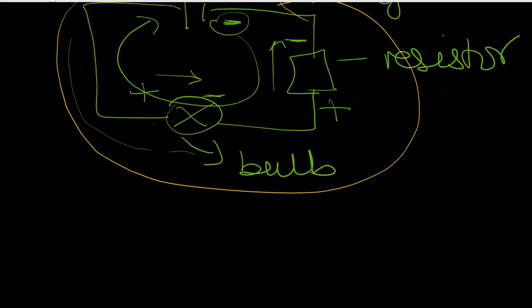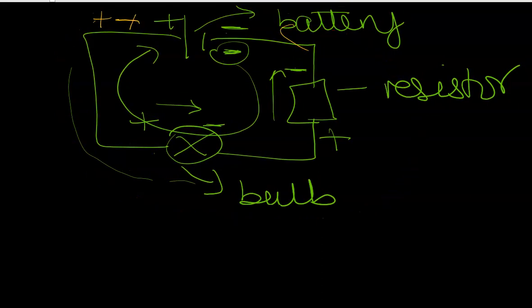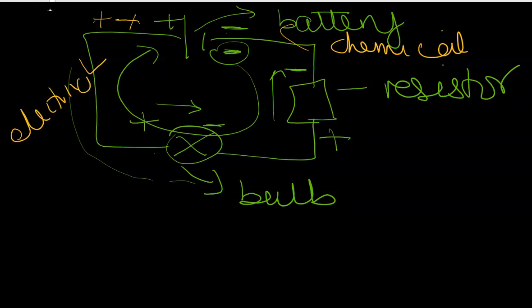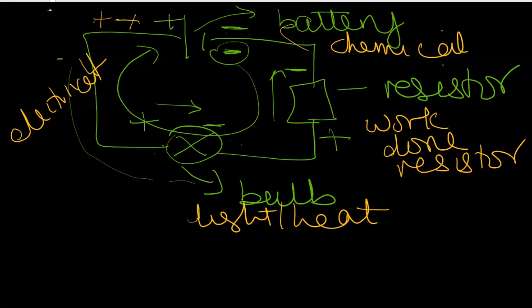Now, if you consider energy differences, you are seeing that from your battery you have chemical energy, and that is, as your charges flow in your circuit, converted to electrical energy. When they go through your bulb, you have light and heat energy being produced, and then you have work done against your resistor in order to force your charges to go back to the negative terminal.